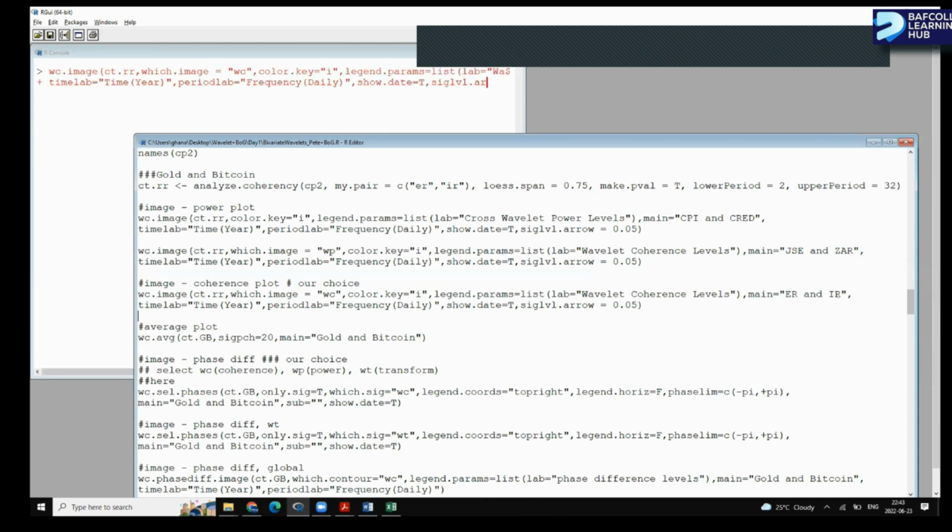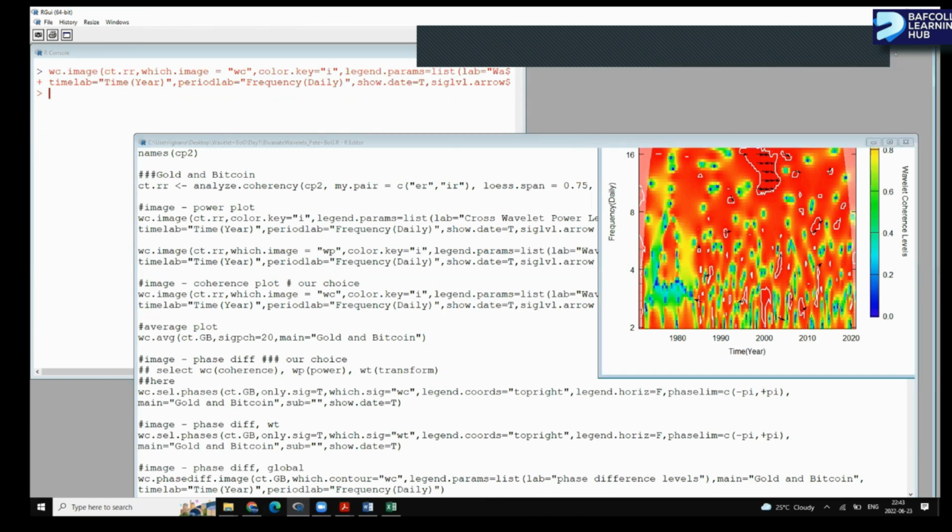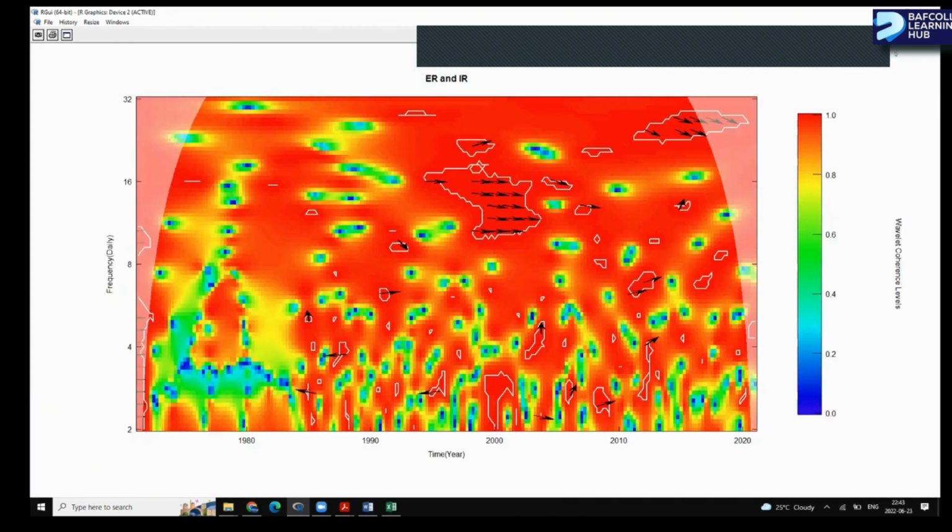Okay, let's look at how that one works. Not a very strong relationship. The one we can really talk about is between the 8th scale and about the 20th scale, between about 2015 and 1995 and about 2002, where they are in phase, and I think IR is leading.